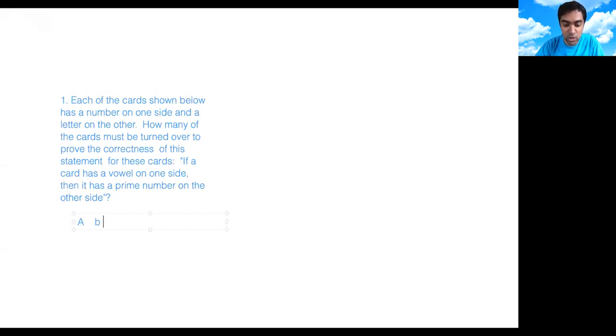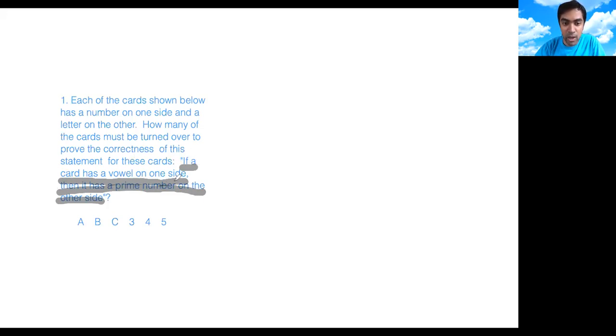Sure, okay. Let's look at the statement closely. If a card has a vowel on one side, then it has a prime number on the other side. So the statement only applies if the first part is true, right?